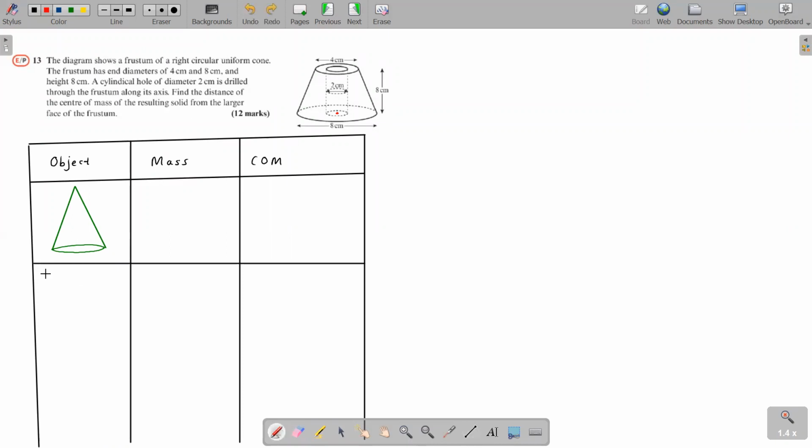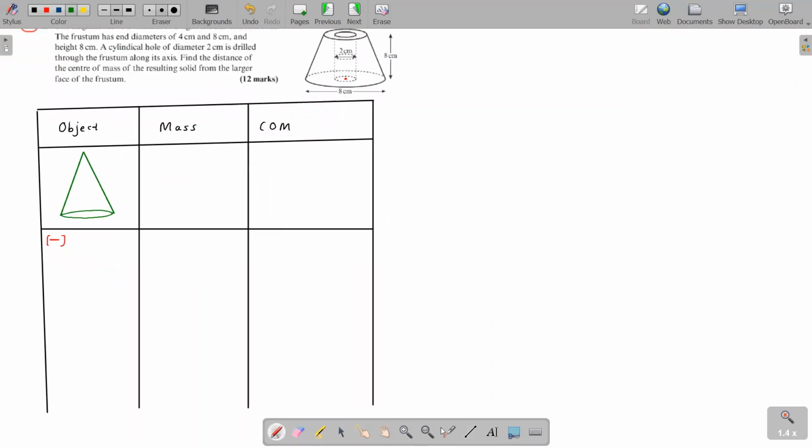So minus a smaller cone. Right, guys, can you see? From this larger cone, we remove a smaller cone. So the center O is over here.